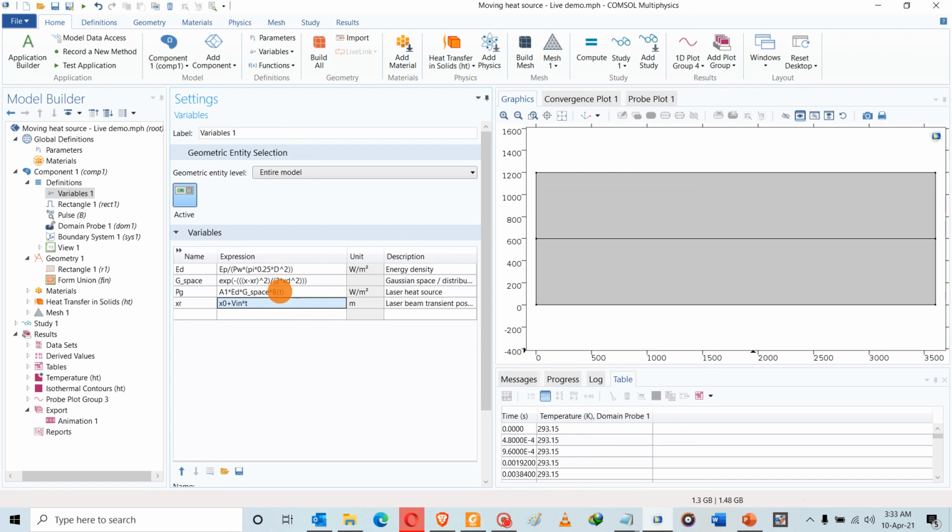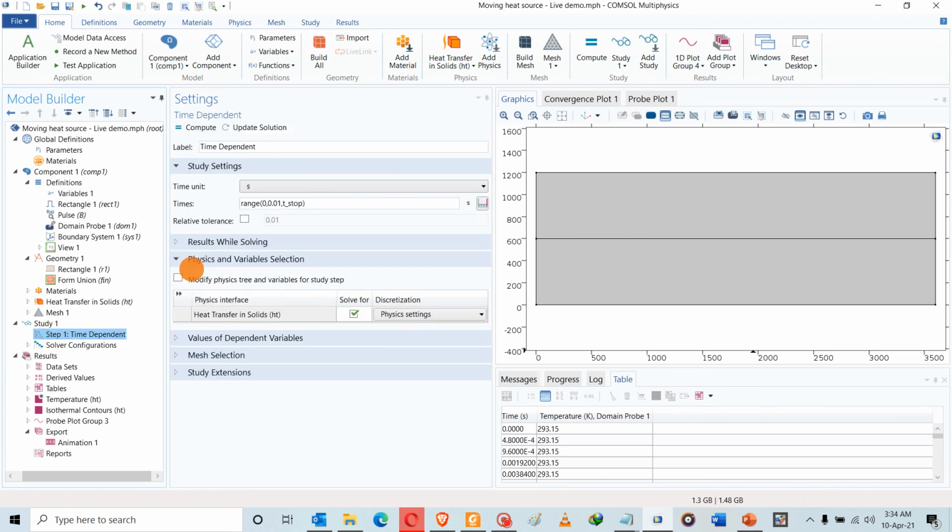So now we are incorporating the movement of a laser beam by xr, and we're also incorporating the pulsing effect of the laser beam, which is going to be very interesting. We're now also going to change something. We want our time step to be very sensitive to the pulse width.